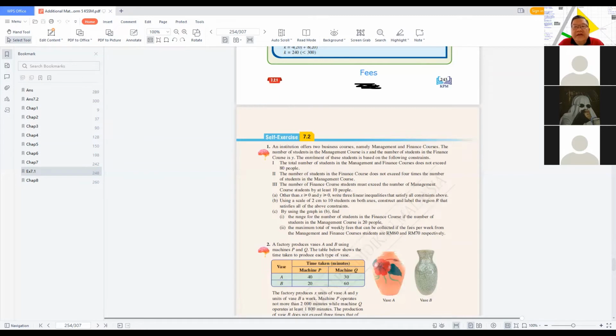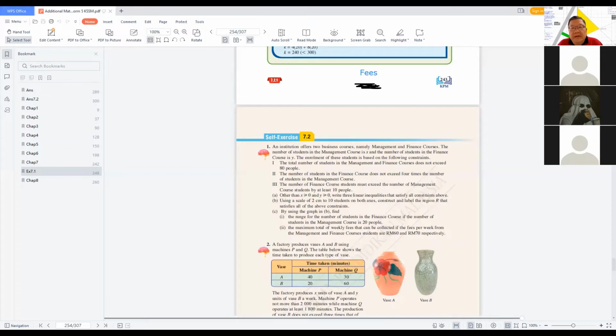The next one is the finance course. Now for the finance course, each student, they collect 70 ringgit, right? So I cannot type here 70. You know why? Because I have more than one student. One student you collect 70, but Y students you have to collect 70Y.